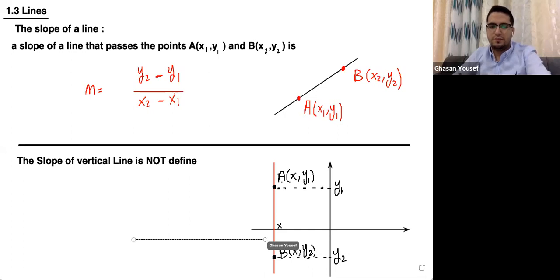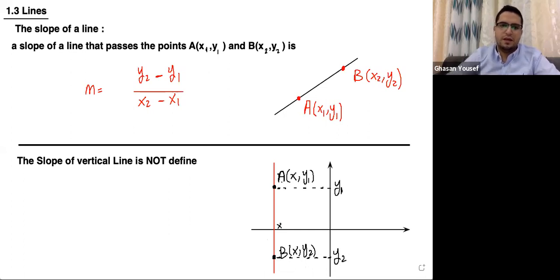So the red line is a vertical line. If I want to calculate the slope of this red line, the slope is m equals the difference of y, m equals y2 minus y1 over x2 minus x1.